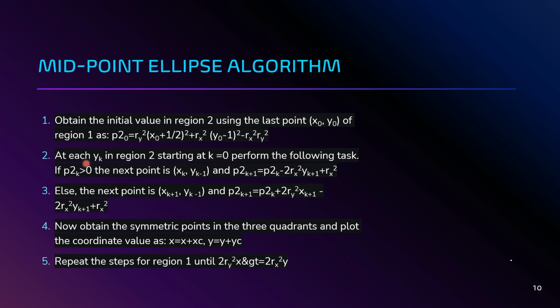At each yk in region 2, starting at k equal to 0, perform the following task, else the next point. Then obtain the symmetric points in the other three quadrants and plot the coordinate values: x is equal to x plus xc, y is equal to y plus yc. Repeat these steps for region 1 until the value is this.